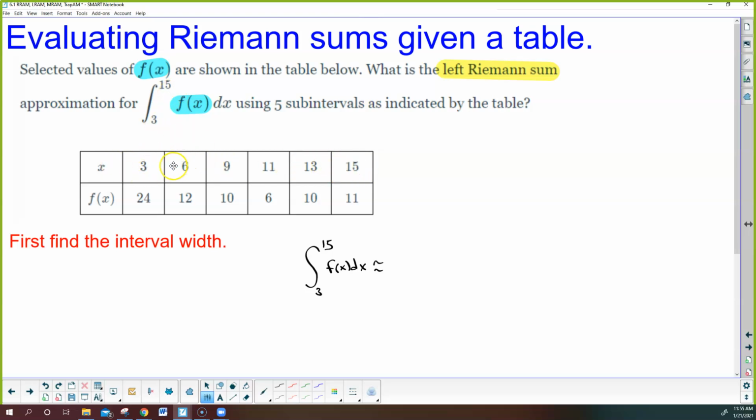And sometimes the table alone can tell you what the interval width is, but we should really just confirm that just like we did on the other one. So what do we want to do? With the interval width, I want to take the starting point and the ending point, and I want to subtract the end minus the start, and then we're going to divide by however many subintervals we want.